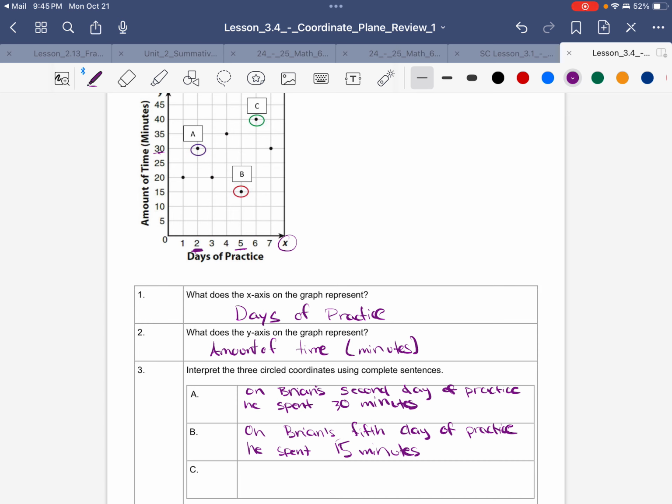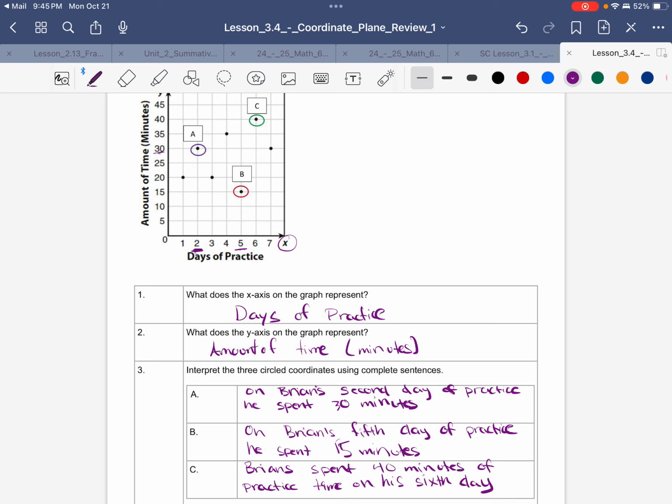And another way you can write this is in all the sentences. Brian spent 40 minutes of practice time on his 6th day.